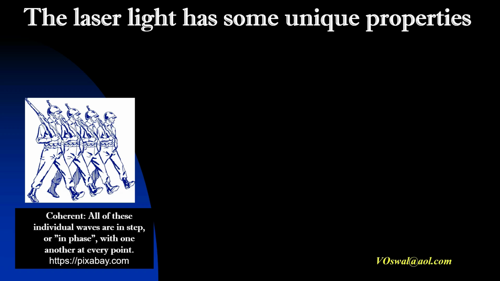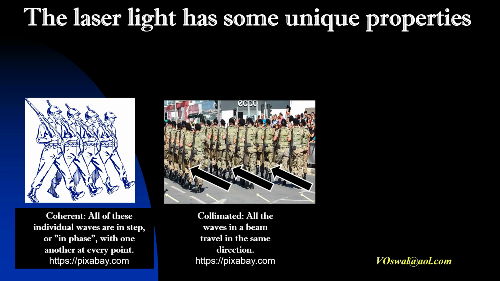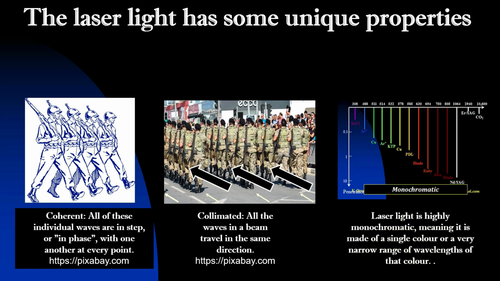The laser light is collimated, meaning all the waves in the beam travel in the same direction. And the laser light is highly monochromatic, meaning it is made of one single color or a very narrow range of wavelength of that color.